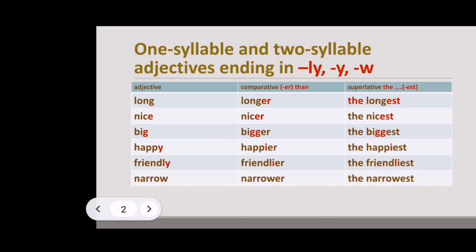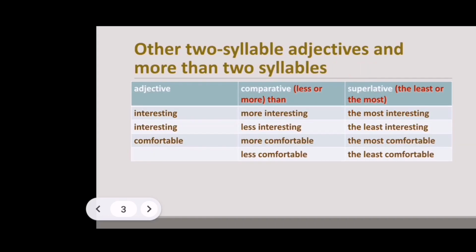And we usually use than after comparatives. For other two-syllable adjectives, and if there are more than two syllables, we use the words more and the most if we would like to strengthen the meaning of the adjective, and less and the least to weaken the meaning.